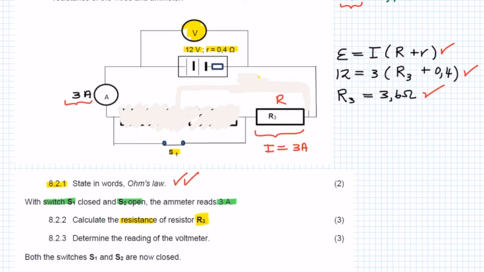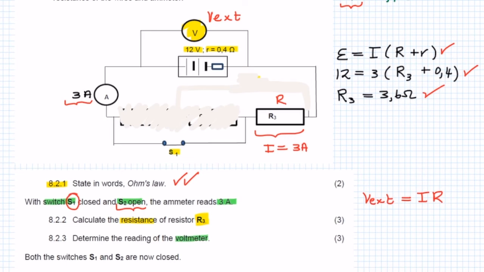Question 8.2.3 says that we need to now determine the reading on the voltmeter. This is still given that switch S1 is closed and switch S2 is open, so the circuit remains the same. The reading on the voltmeter is V external, and we know that V external is equal to the current multiplied by the resistance of the load.